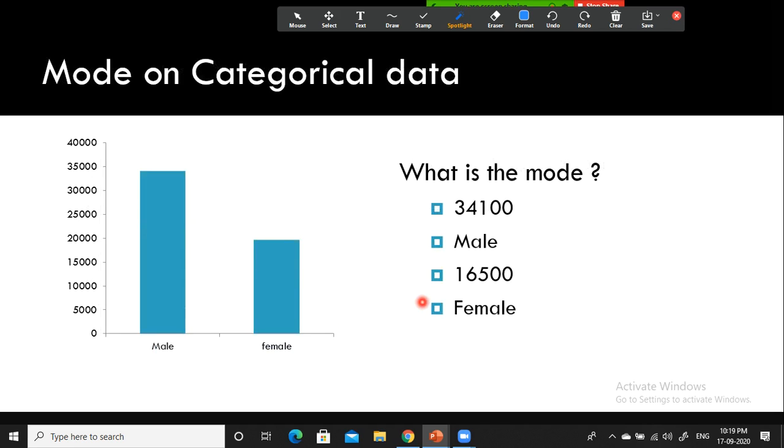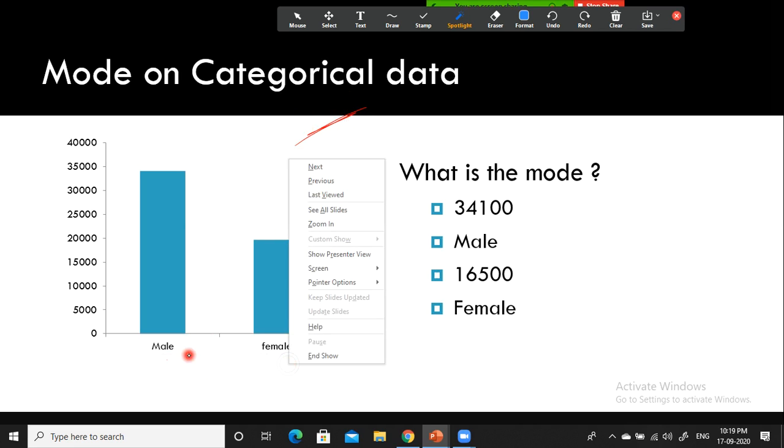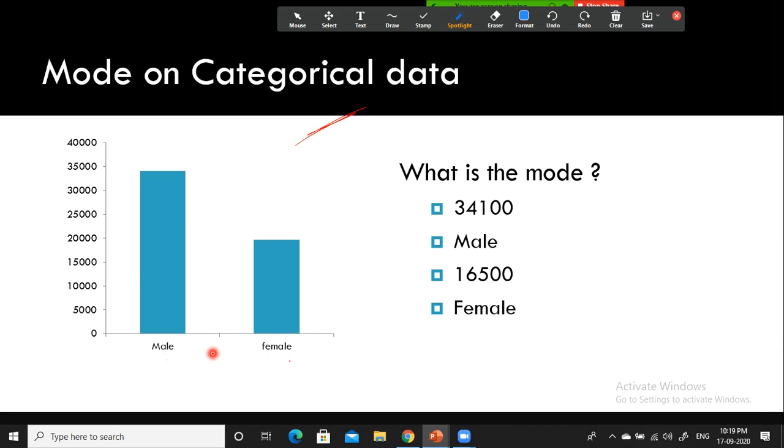Okay, mode on categorical data. This is a very interesting one. Here, for categorical data also we can use mode. You remember I was talking about nominal and ordinal. Look here, the categorical variable gender as male and female.